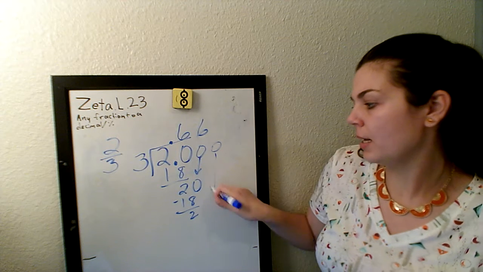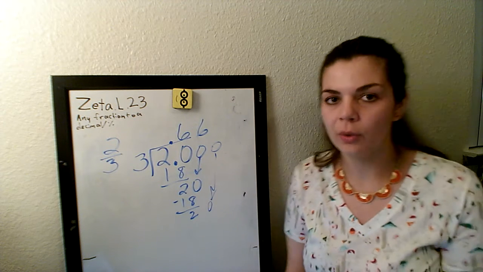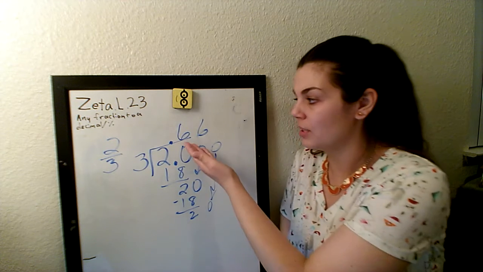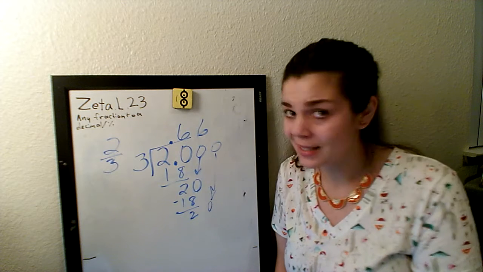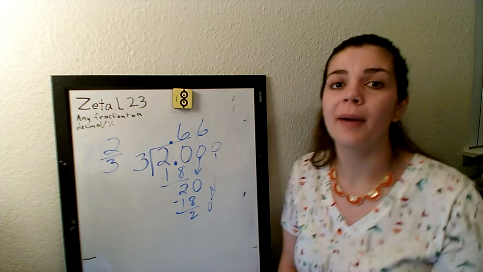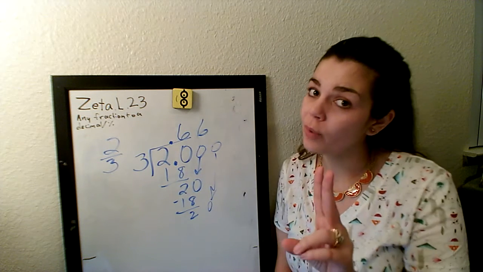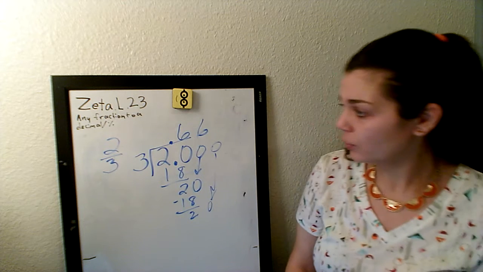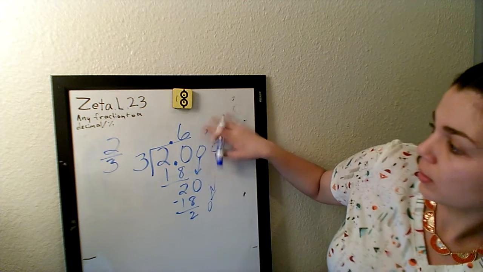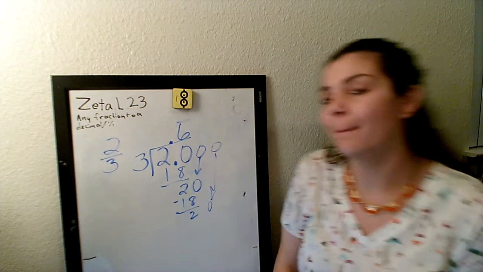Oh no, 20 again. So what have we deduced here? What do we know? It's going to just be 0.6 repeating. You're only going to get the same number every time. So there's 2 ways we can do this. The first one being you can just do 0.6 with the line over it.